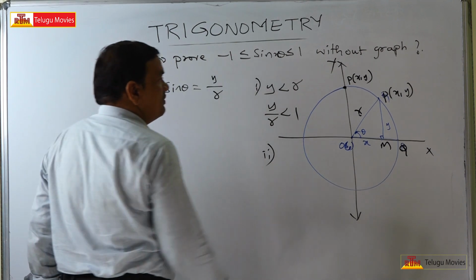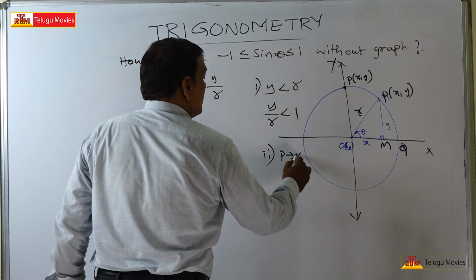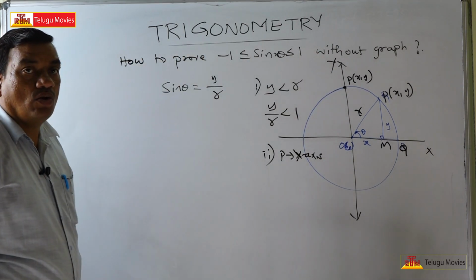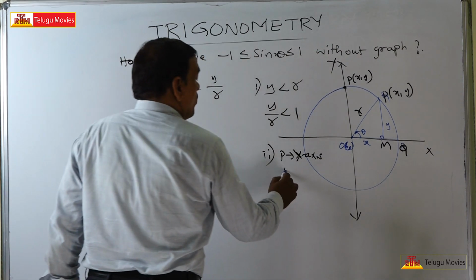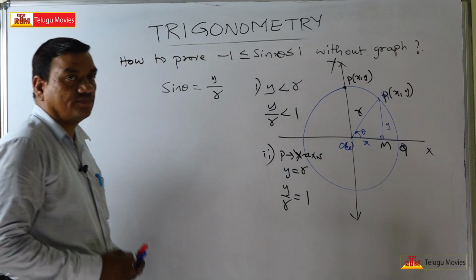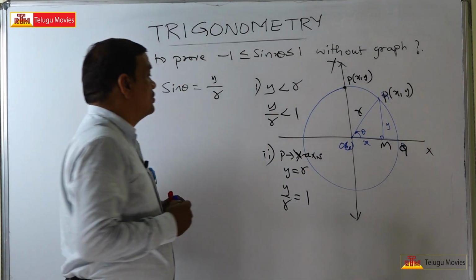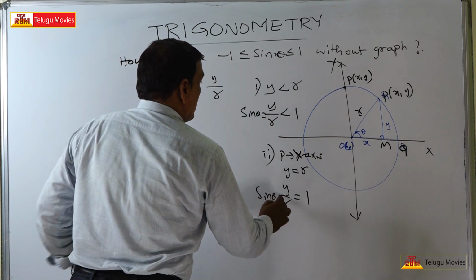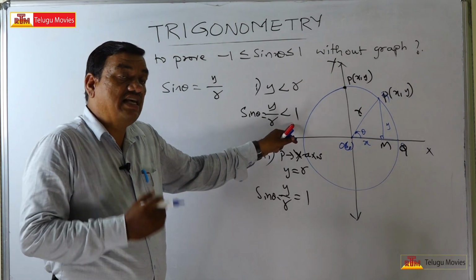Second case, that means what? The point P is on the y axis. There y is equal to r, therefore y by r is equal to 1. So on the whole, this is a sin theta value. This is also a sin theta value. Here we got sin theta value less than 1.